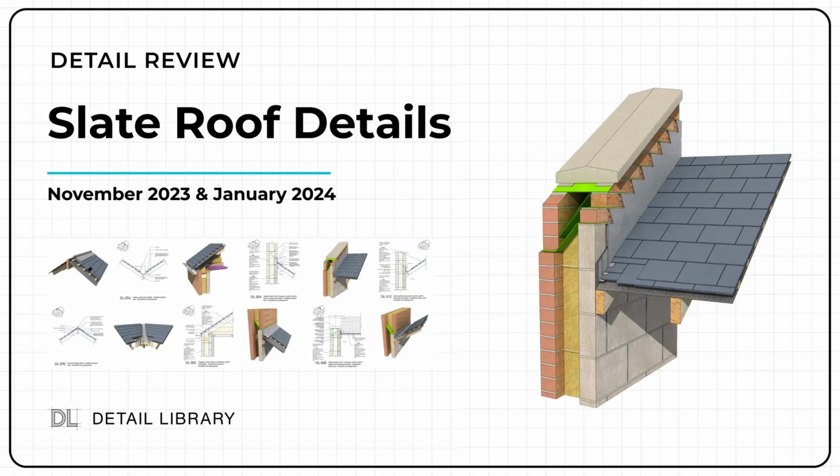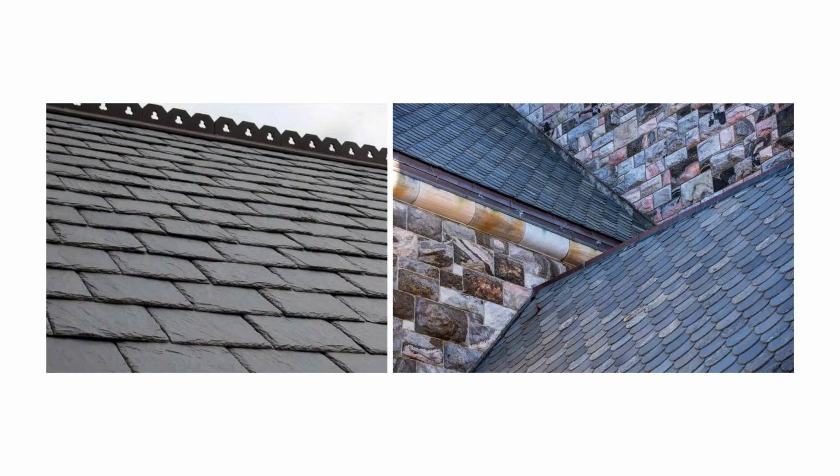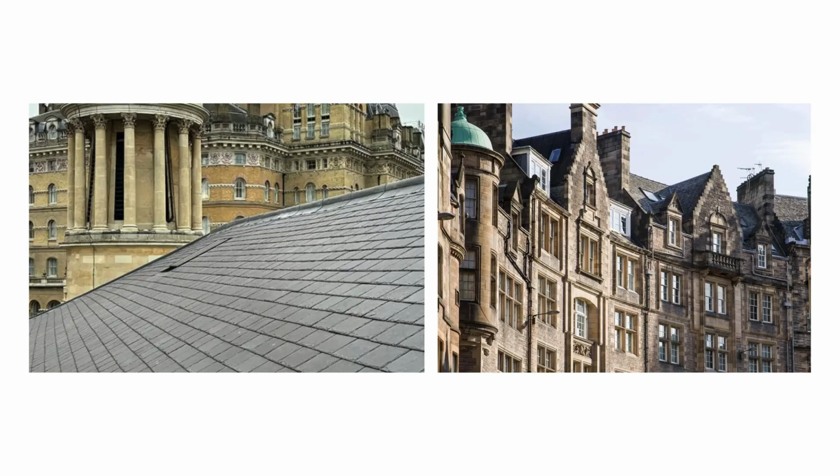Let's get stuck in. Slate roofs are a beautiful and durable choice, but they come with specific detailing requirements to ensure that they perform well over time. They've been part of British architecture for centuries. You see slate roofs in all forms, from small village cottages to large country estates.